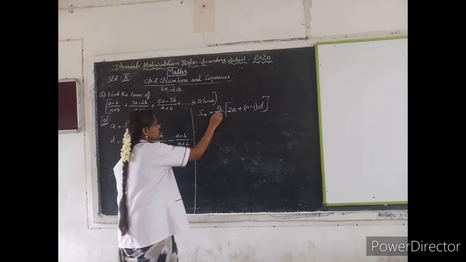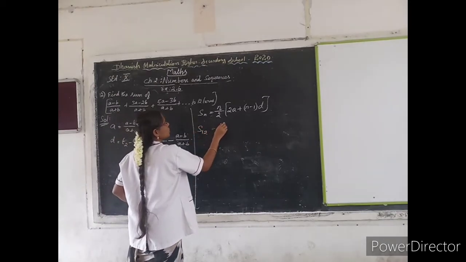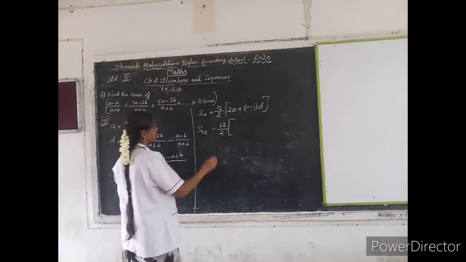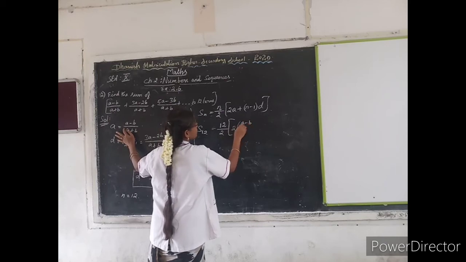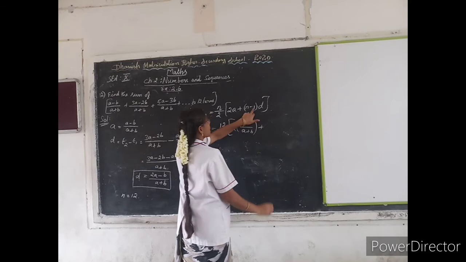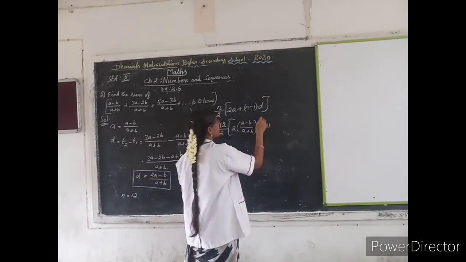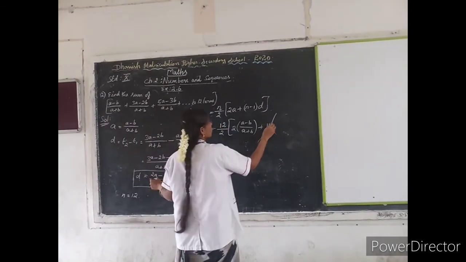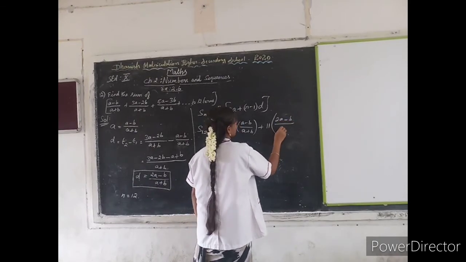Here n is 12, so S12 is equal to 12 by 2 into 2 into a, which is a minus b by a plus b, plus n minus 1. n is 12, 12 minus 1 is 11, 11 into d, which is 2a minus b by a plus b.